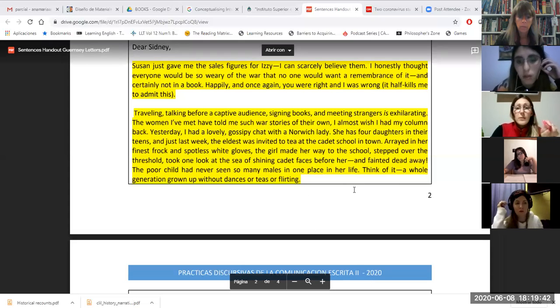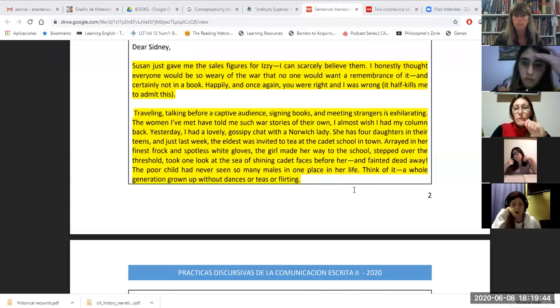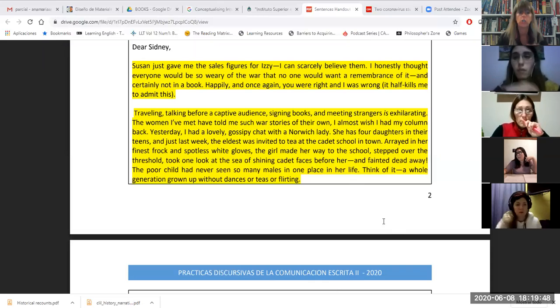That he was right and she was wrong. Exactly, yes. Vale also wrote it. Very good, right? This referred to the idea that she was wrong and that Sydney was right. So it said, it half kills me to admit this. We use the same expression in Spanish, right?